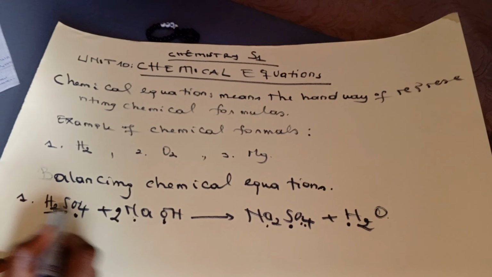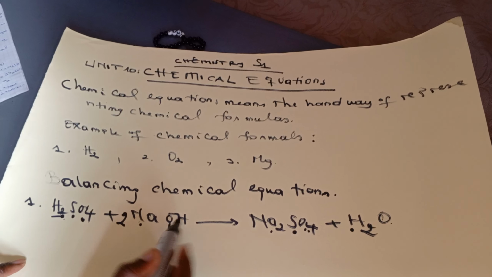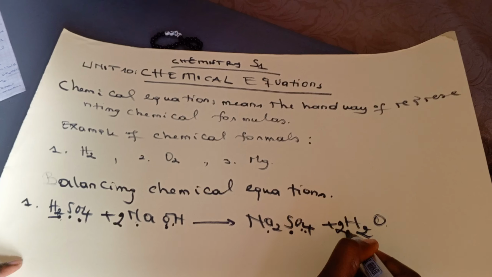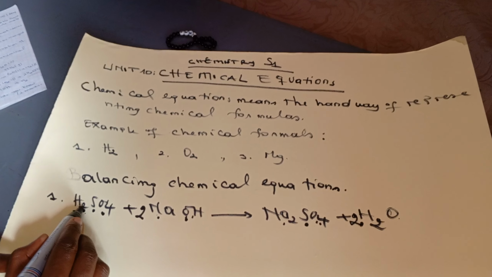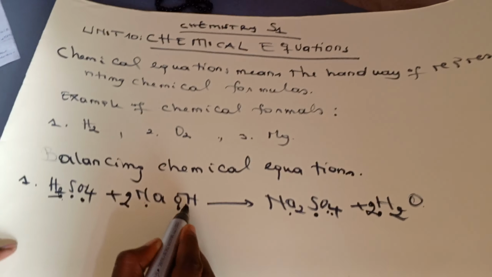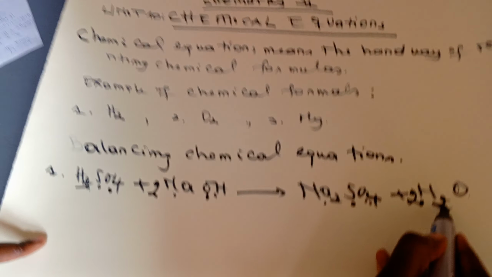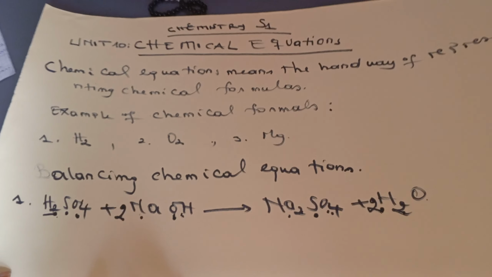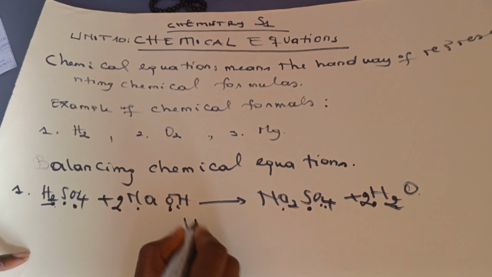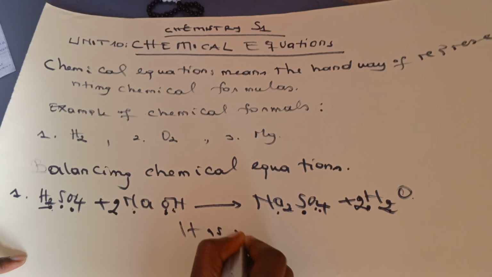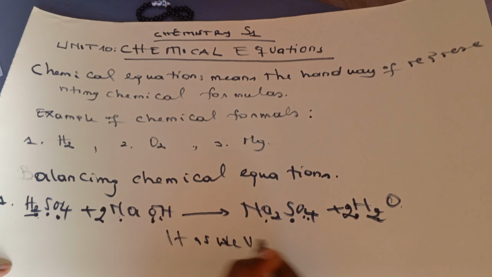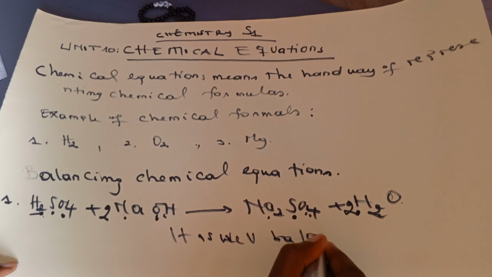There are 2 hydrogen, 2 hydrogen, and 4 here, so we take 2. 2 hydrogen plus 2 gives 4. Yes, it is 4. This equation is well balanced.